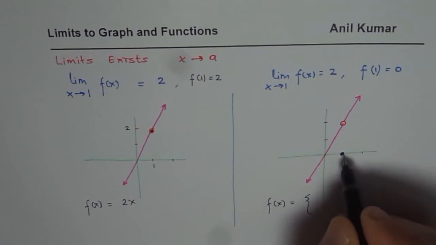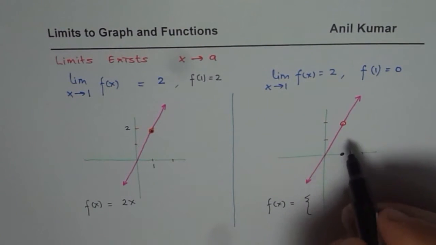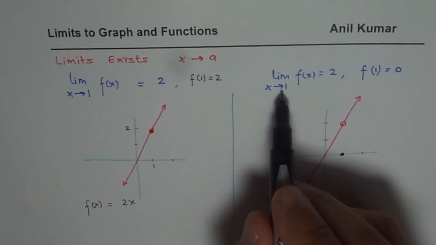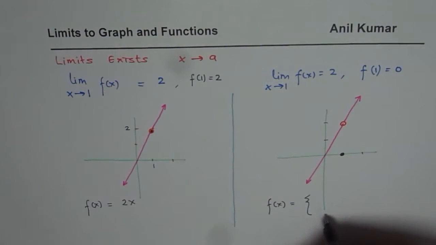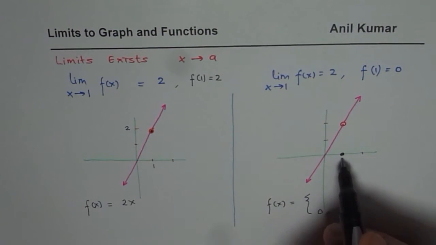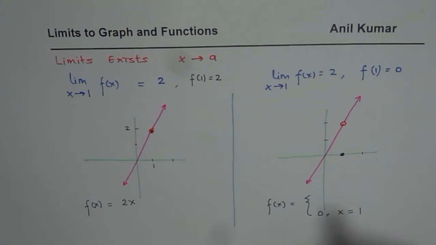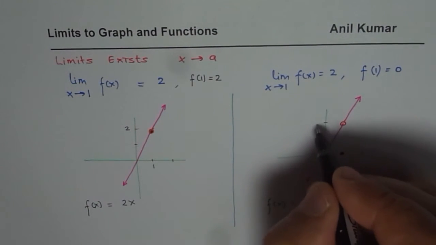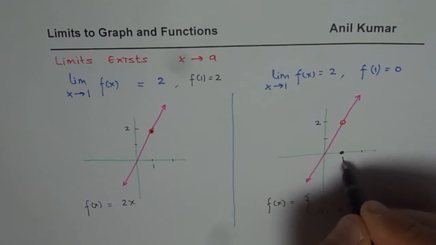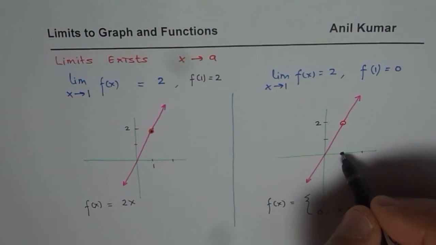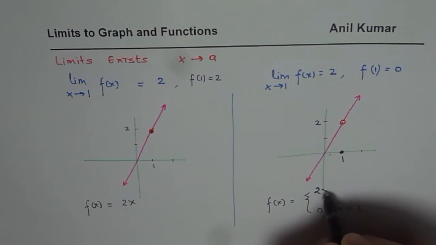When x is equal to 1, the value is 0. So one part we have got, that is this part. And the other part is when x is not equal to 1. We know the point is (1, 2). The slope of this line is rise over run, that is 2 over 1. So we can write this as 2x.